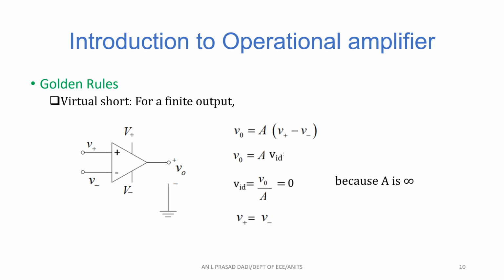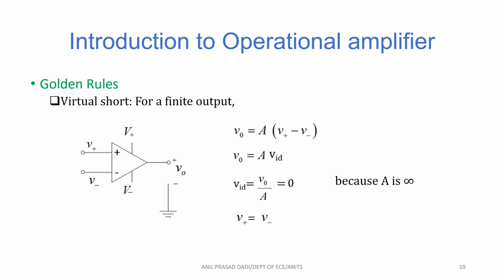That means V plus is equal to V minus is what is called the virtual short concept. Though V plus and V minus are not physically connected through a wire, they are said to be at the same potential. That is why it is called virtual short. A subpart of this virtual short is what is called a virtual ground.